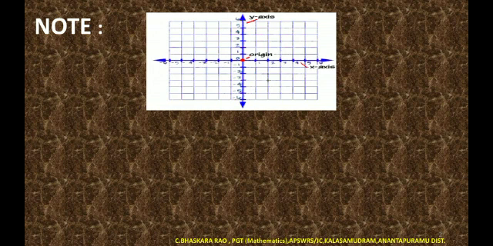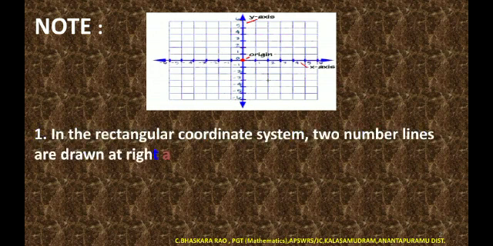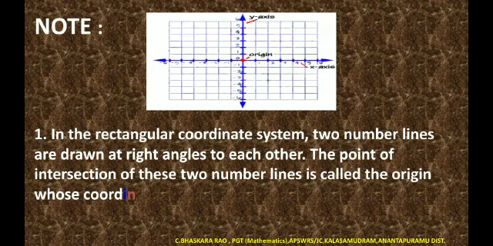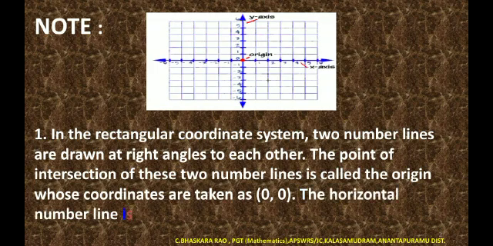The horizontal blue line is called x-axis, the vertical blue line is called y-axis, and together they are called coordinate axes. The point of intersection of the coordinate axes is called origin, and this origin is denoted by the letter O, and its coordinates are 0, 0.